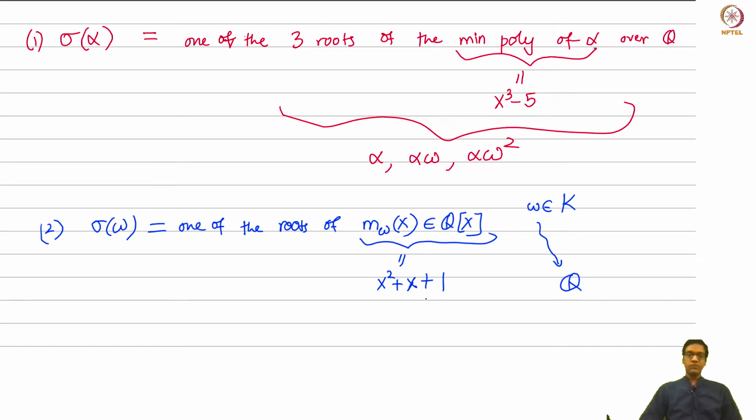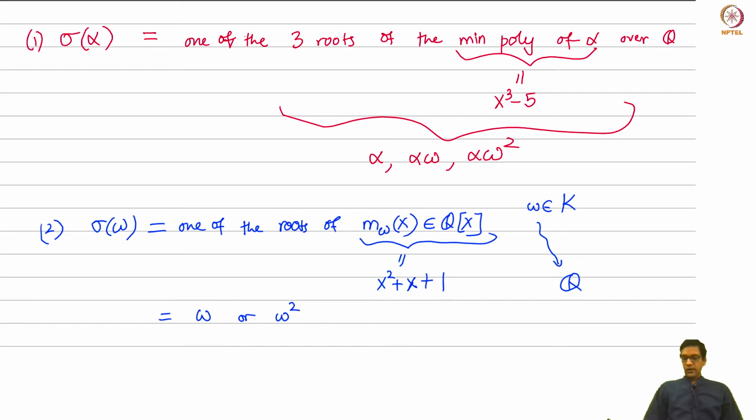For the same sort of reason that we gave earlier, it's irreducible over K over Q as well as over K1. If not, then omega would have to be an element of Q, which we know for sure is not the case. So therefore sigma of omega can either be omega or the other root of this polynomial, which is omega squared.